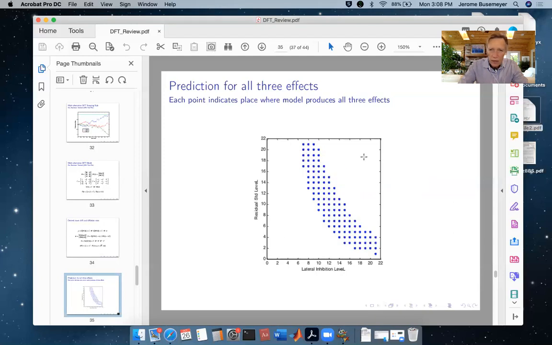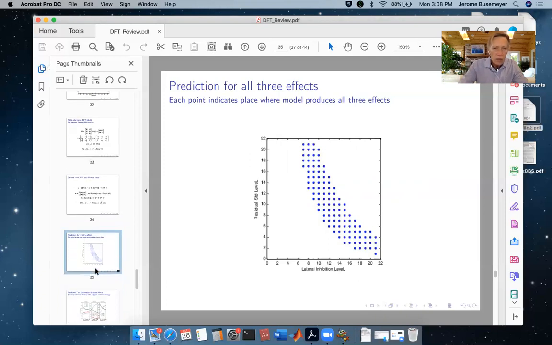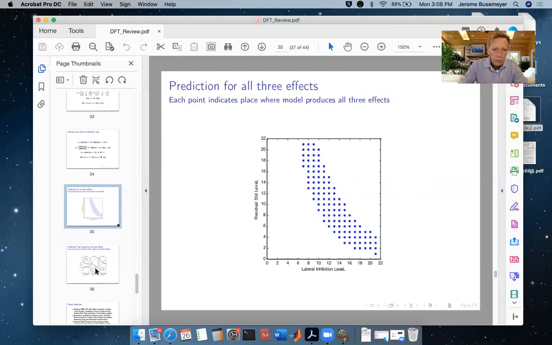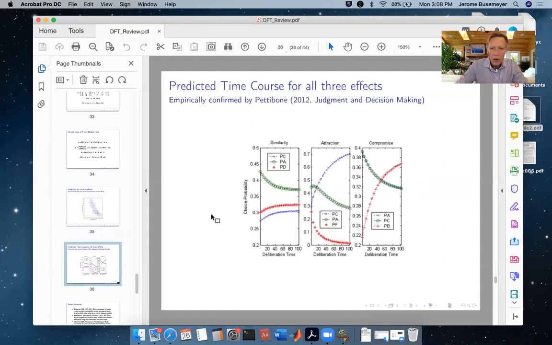But the attraction effect and compromise effect are strongest over here. So when you're getting a strong attraction effect, you're getting a weak similarity effect. And if you're getting a strong similarity effect, you're getting a weak attraction effect. So those effects are predicted to be inversely correlated. Now with these effects, we make a strong prediction with this model. So this is a dynamic model.